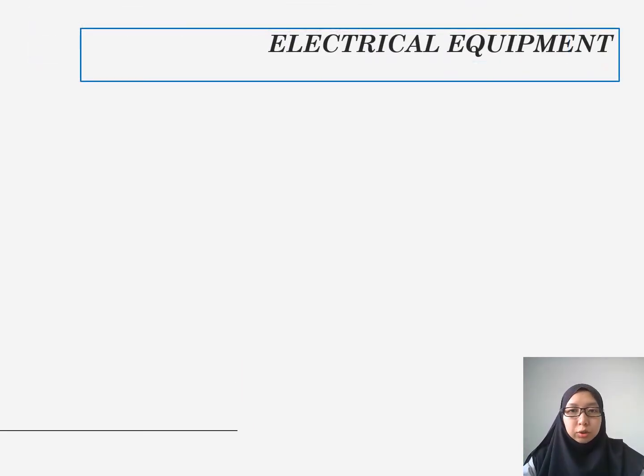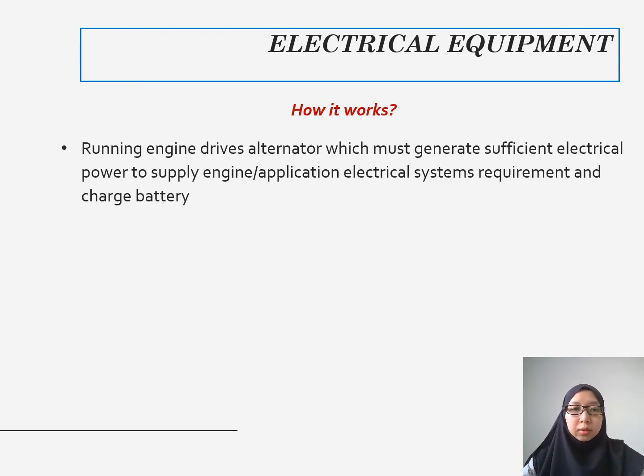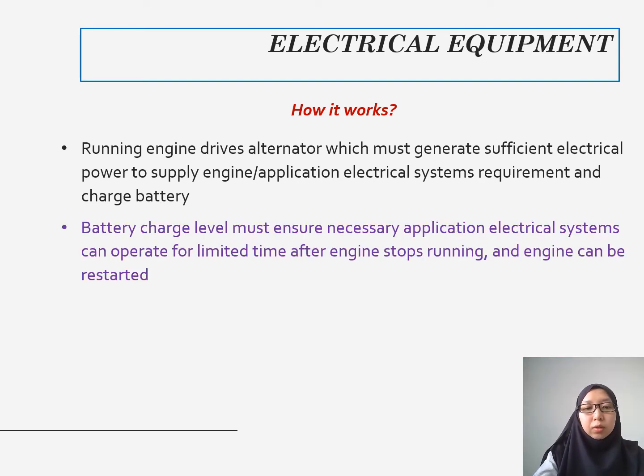How does this electrical equipment actually work in a car? A running engine will drive an alternator, which must generate sufficient electrical power to supply the engine or application electrical system requirement, and at the same time will charge the battery. So it's very important for the alternator to be able to provide sufficient electrical power.